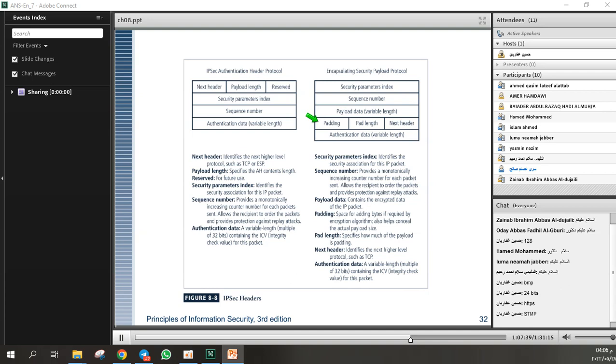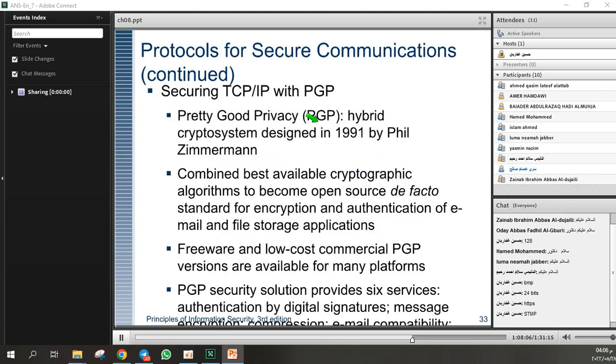So sometimes we need to pad the packet, adding some information to the packet to make its size correct. For example, my packet is small. I have to pad some information to the packet to complete the block, to make the block full.